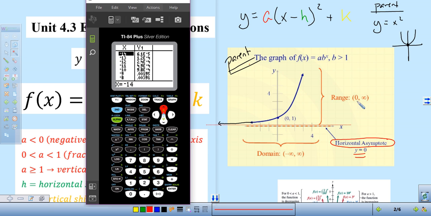When I get to that spot at negative 14 on the x-axis, my y value is 6 times 10 to the negative 5th, which is essentially 6, and then I go 1, 2, 3, 4, 5 places, so it's 0.00006.